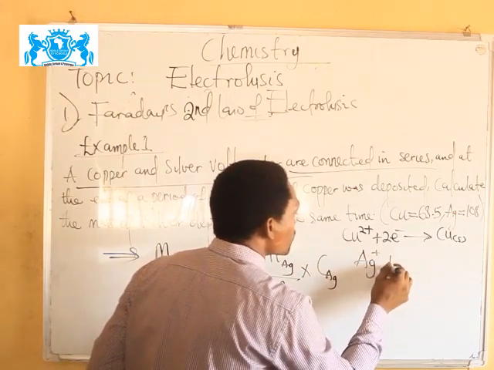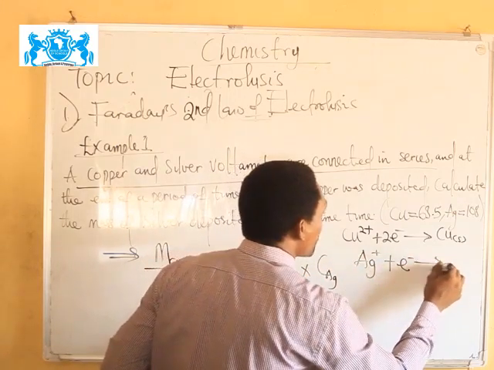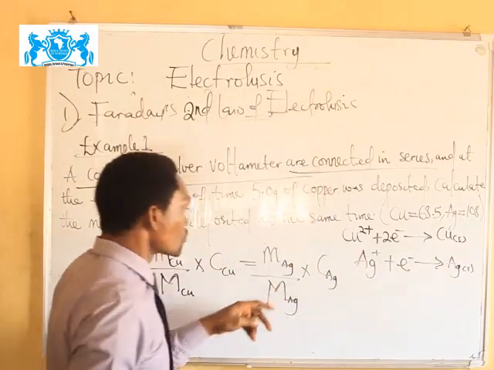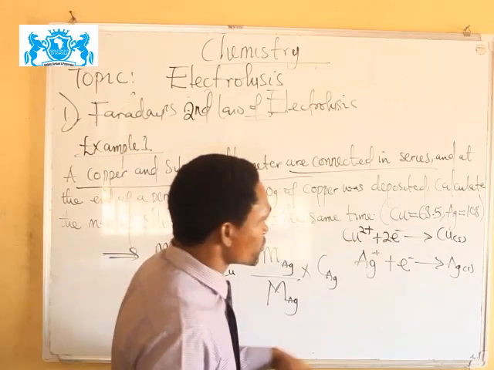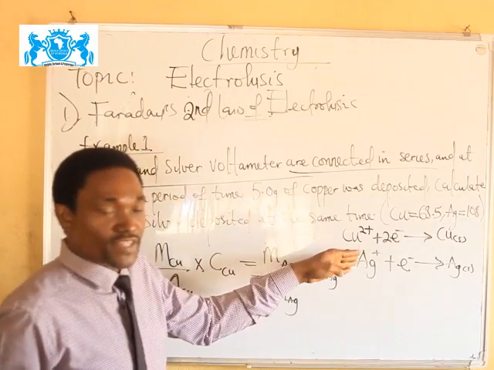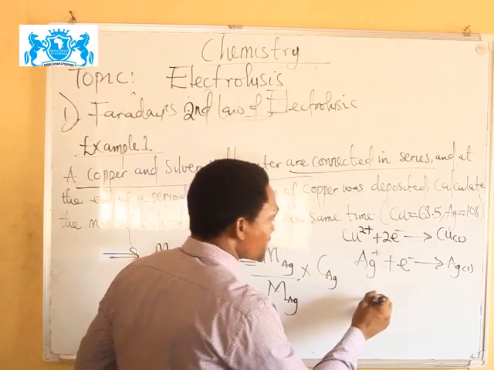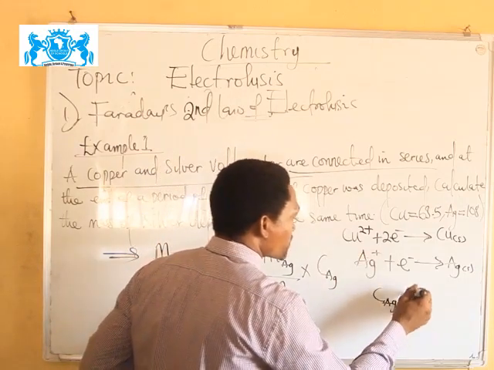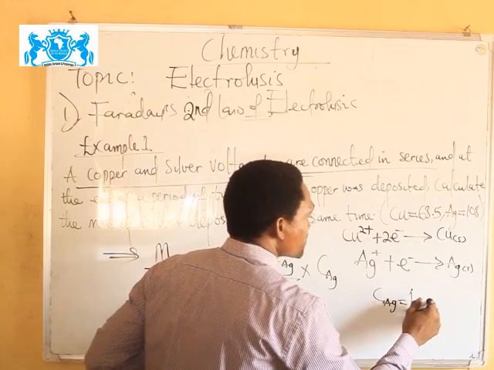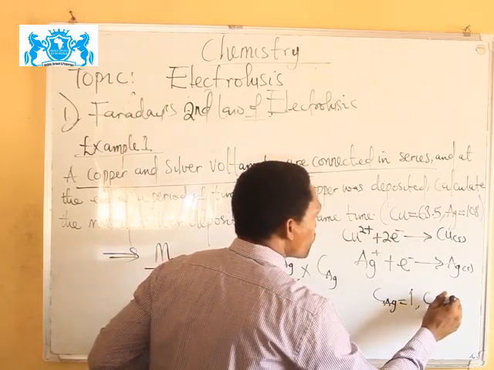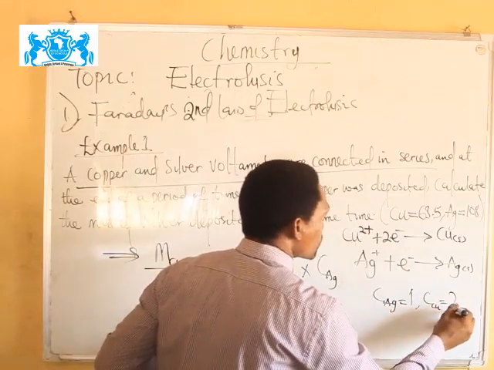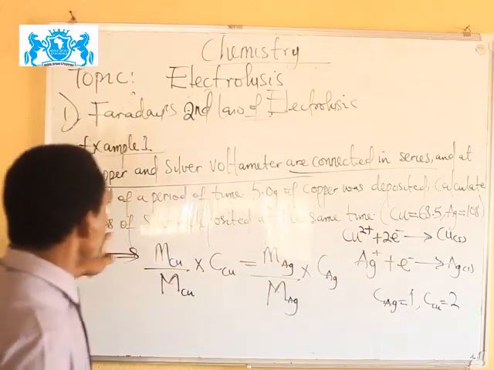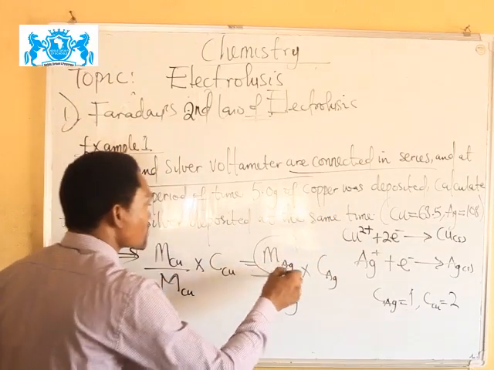Silver will need to gain 1 electron to come out as Ag solid. So from these equations, you can see that C_Ag is 1, the charge of silver, and C_Cu for copper will be 2.